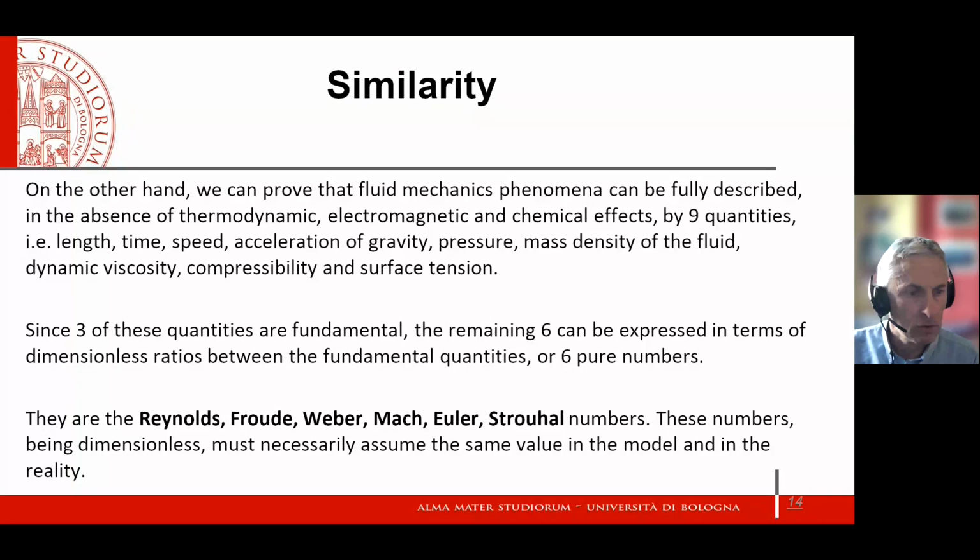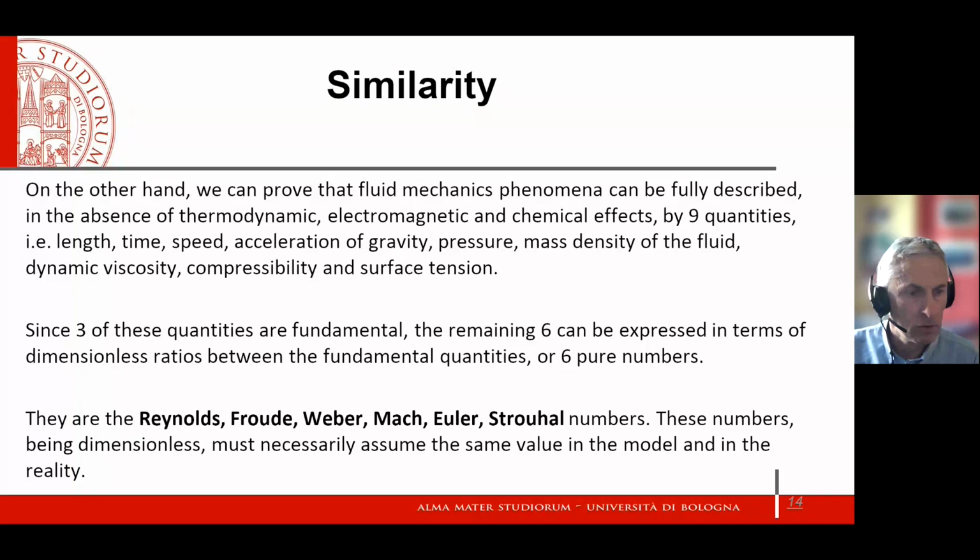What are these numbers in fluid mechanics, or let's say fluid dynamics? Fluid mechanics is more general. I think you heard of some of them already. They are the Reynolds number, the Froude number, the Weber number, the Mach number, the Euler number, and the Strouhal number.